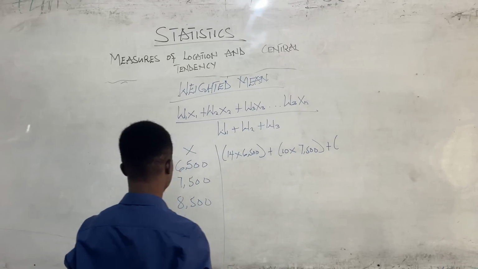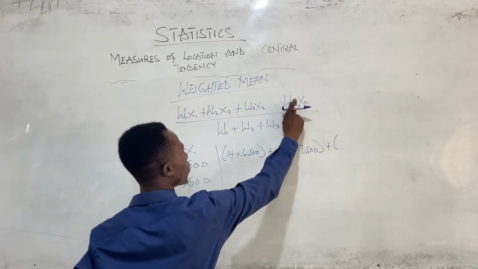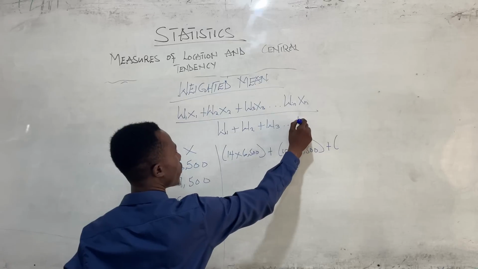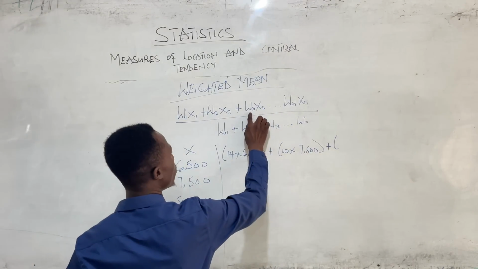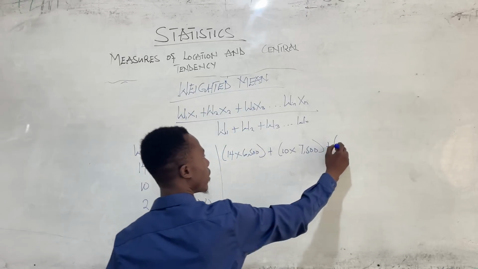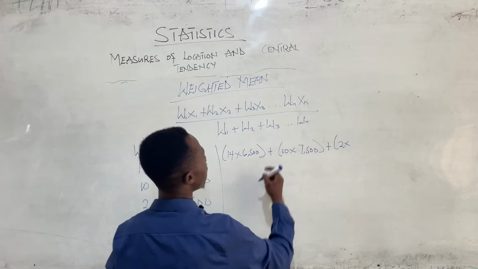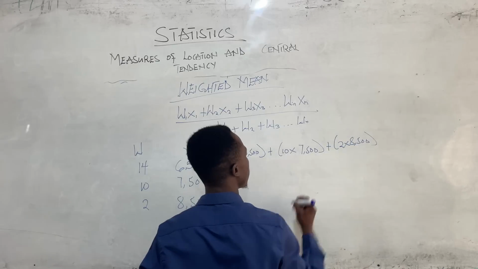Plus the next one, W3 times X3, that is 2 times 8,500. Here the last one is WN, XN.